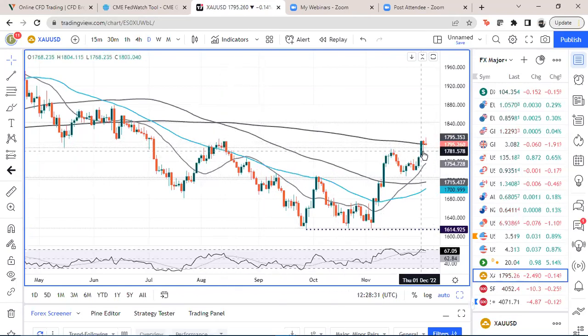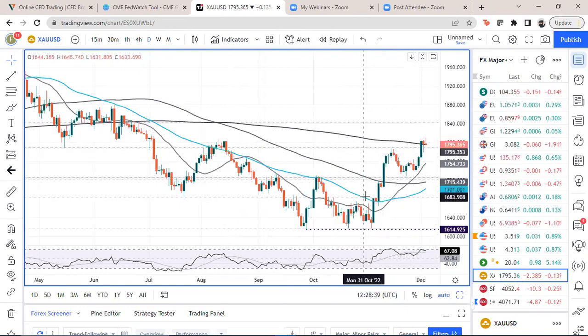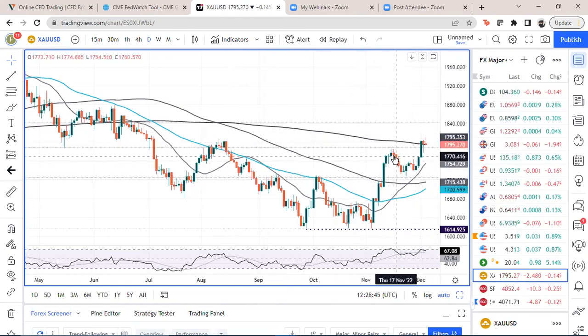You can see we did actually go above that 1810 today, but we're oscillating now around the 200-day moving average at 1795. Again, support or resistance, interesting, probably driven by the dollar especially.